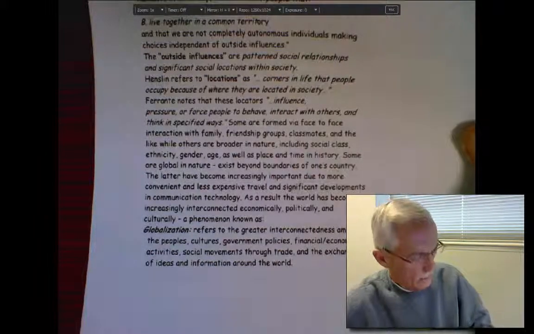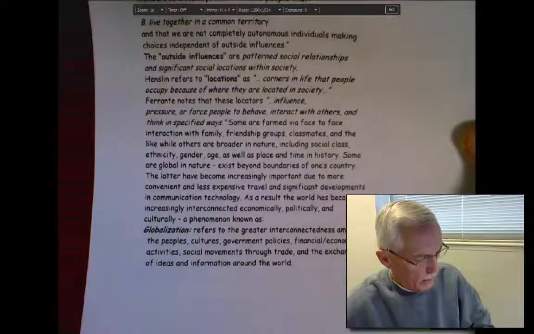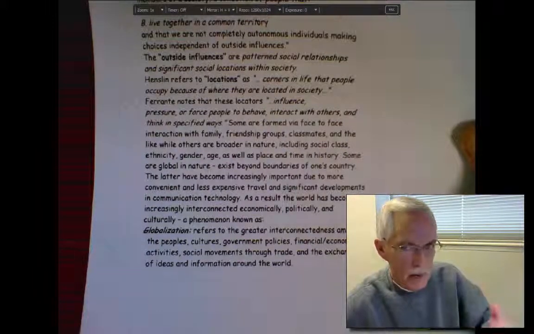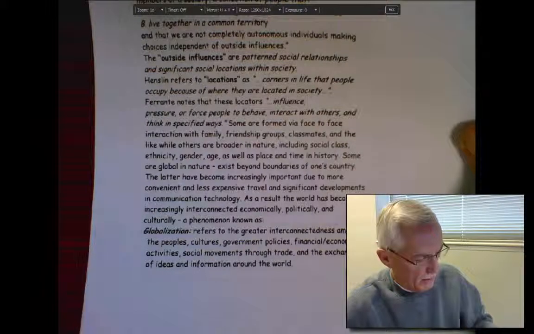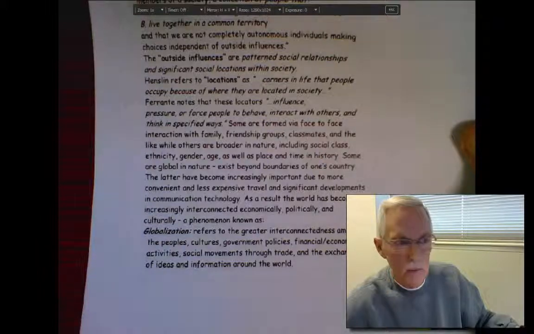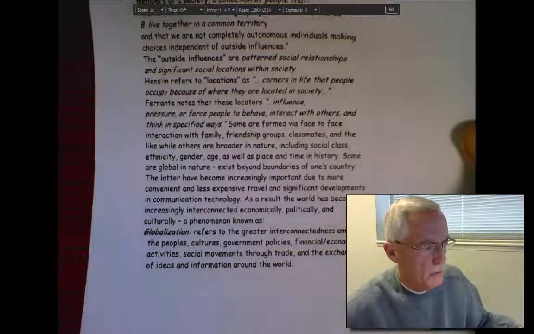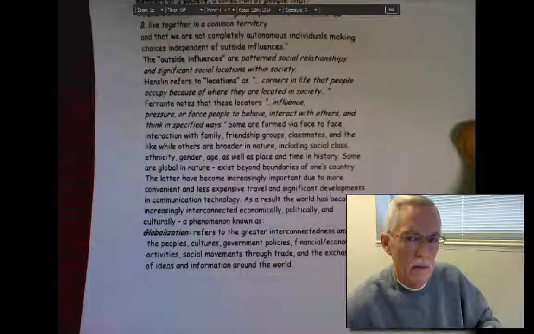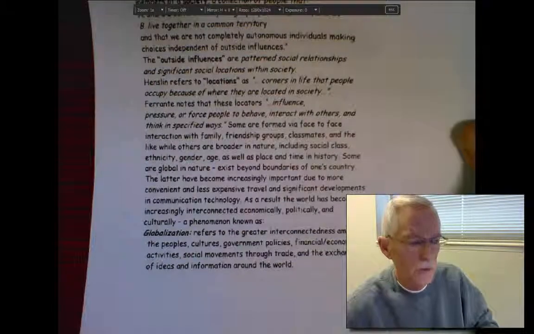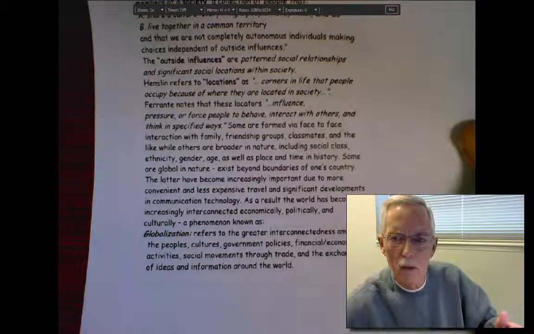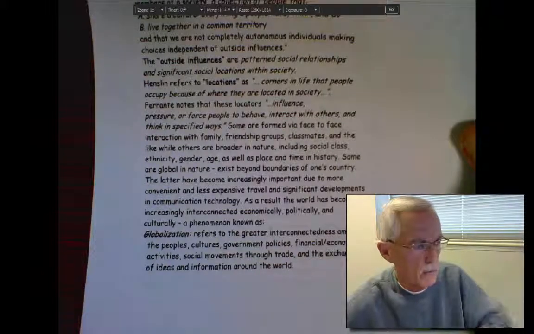And conflict theorists have pointed out the fact that in many respects, powerful commercial interests have employed globalization, or maybe I should say have benefited from globalization, because they can now move many of their operations to other countries due to remarkable advances in communication and increasing ease of transportation.